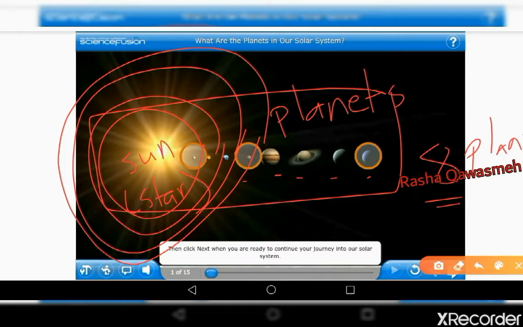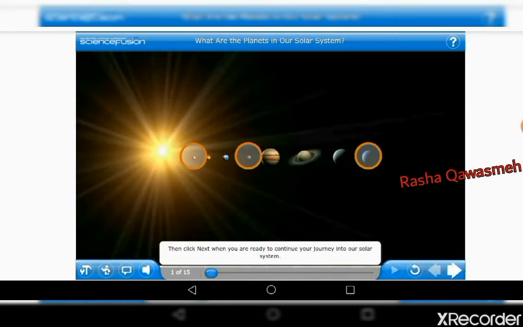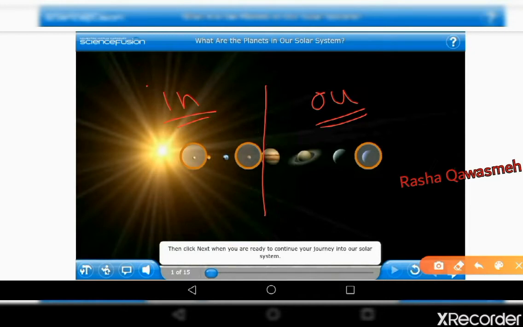Okay, let's start with the hotspots, and before that, just keep in mind that the first 4 planets are called the inner planets, and the last 4 planets are called the outer planets.